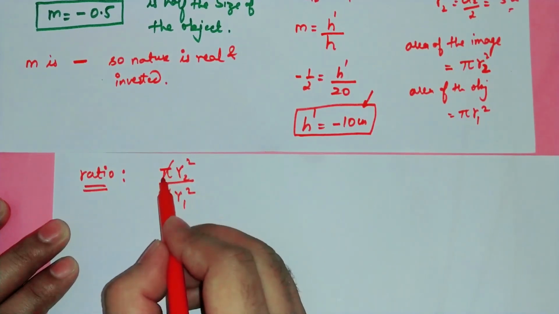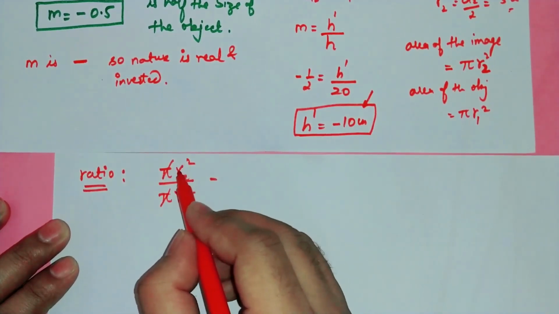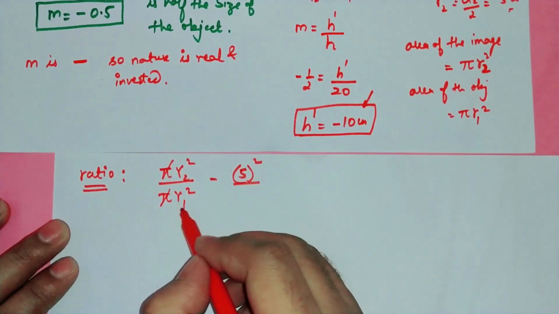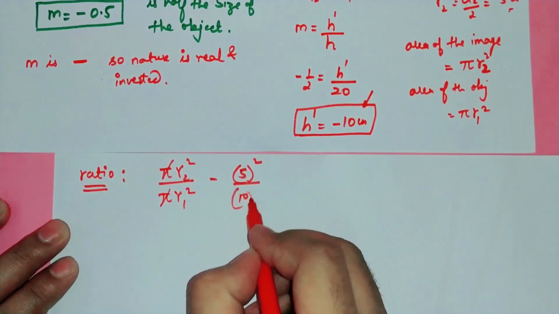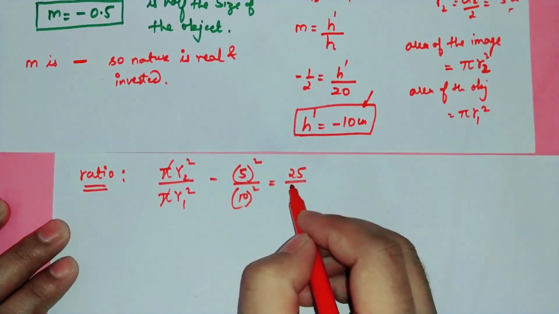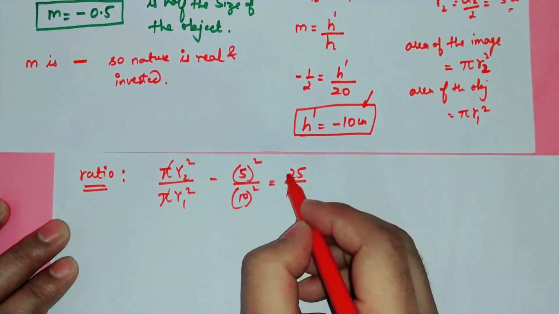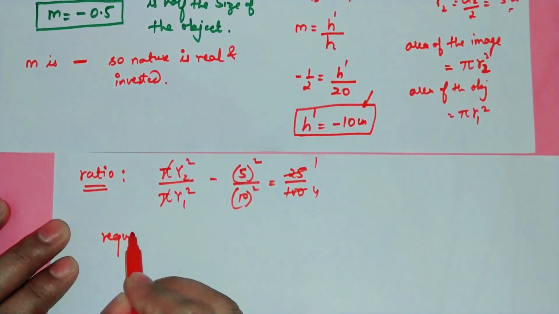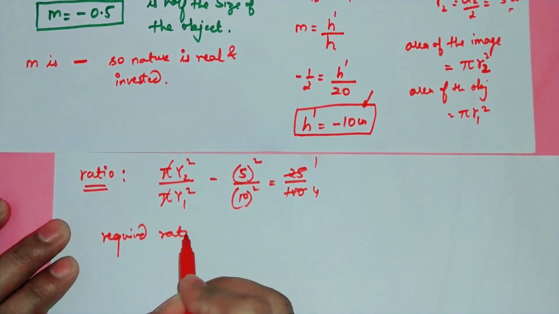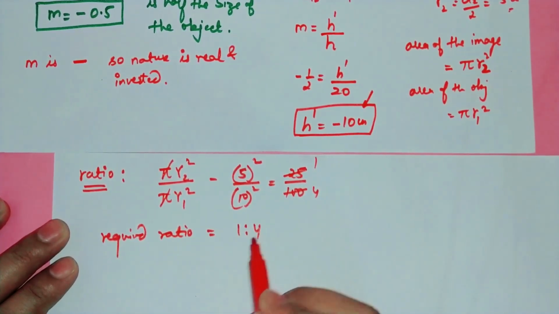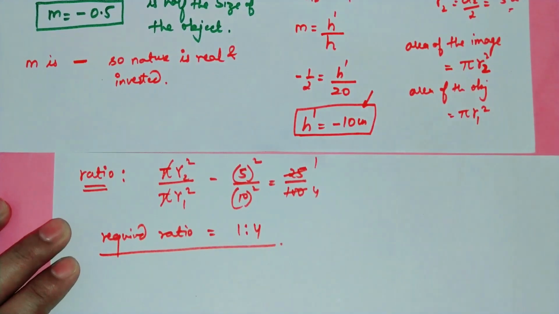So pi is cancelled, r2 is 5, squared, divided by r1 is 10, squared. So this is 25 divided by 100, so this is 1 by 4. So the required ratio is equal to 1:4. So this is your answer.